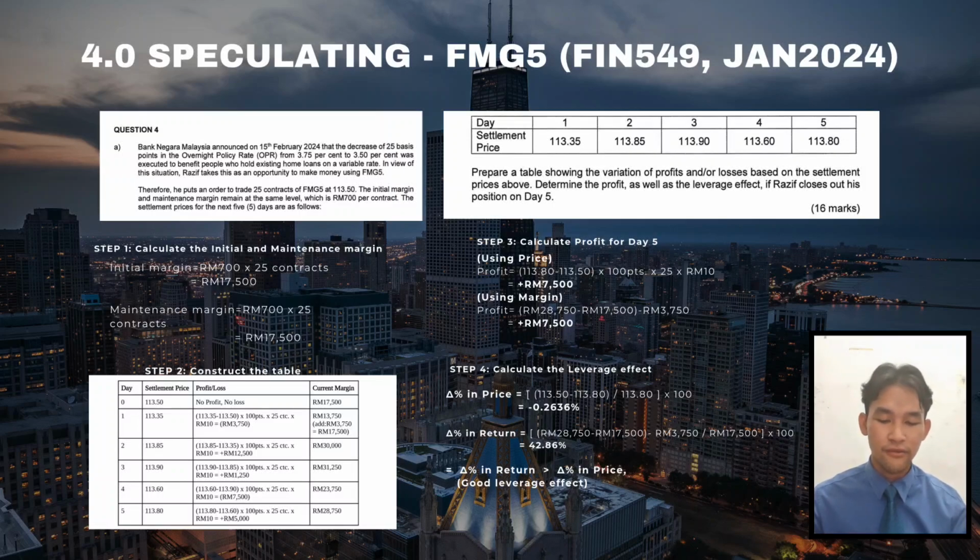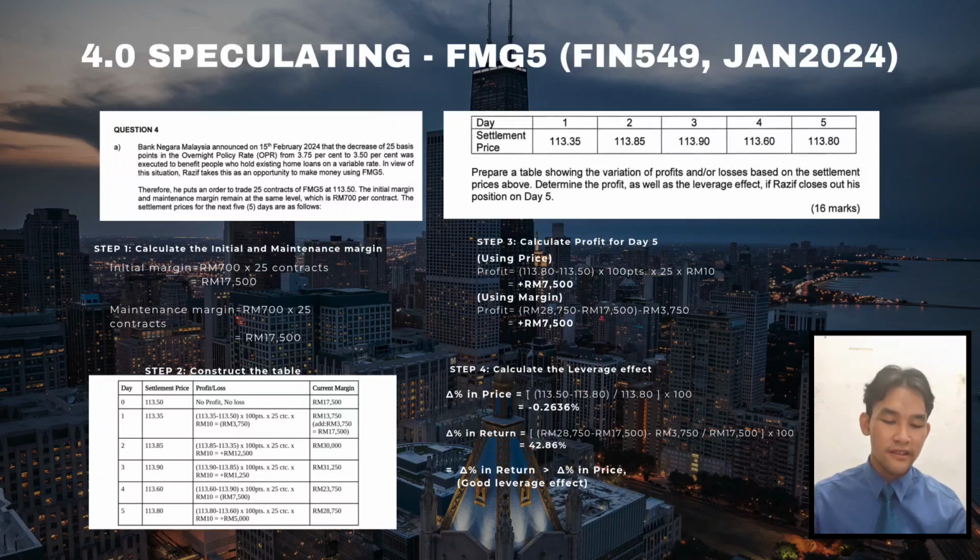The next day, which is day 1, we notice that there is a loss Razif faced, which is 3,750 ringgit. So the current margin is lower than the initial margin, which is 13,750 ringgit. So we must add an additional 3,750 ringgit to maintain the margin at 17,500 ringgit.